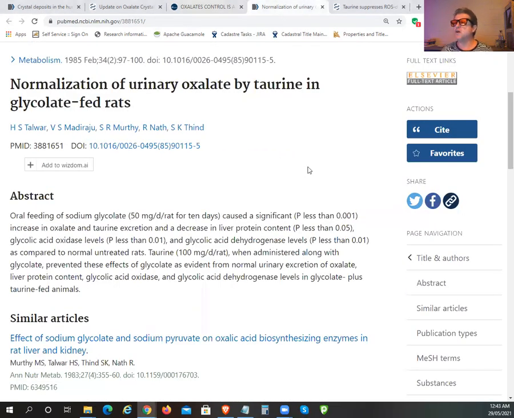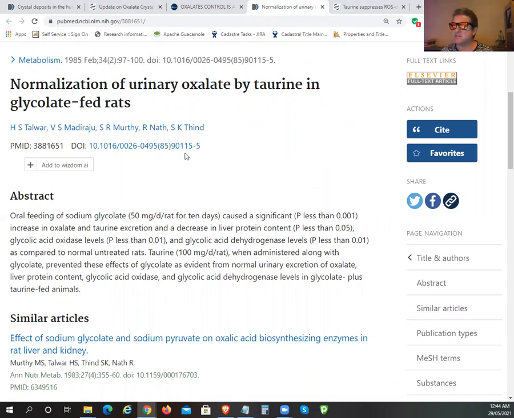Okay, normalization of urinary oxalate by taurine in glycolate-fed rats. Ah, yes, those little rats. So oral feeding of sodium glycolate, 50 milligrams a day per rat for 10 days, caused a significant increase in oxalate and taurine excretion, and a decrease in liver taurine.